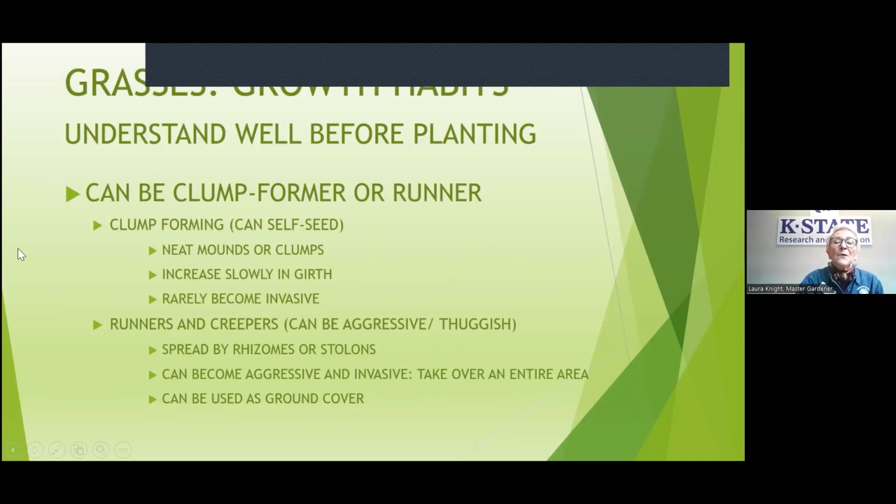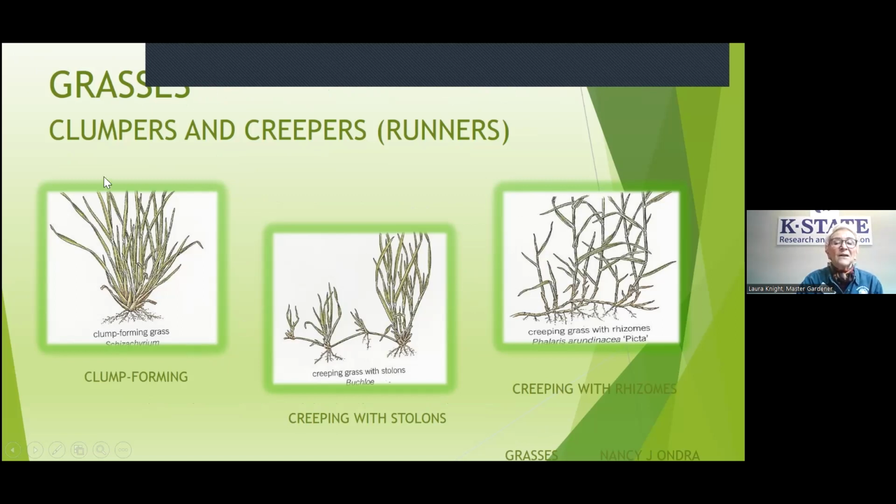Cool season grasses, here's a list. And you want to know whether one of your grasses are clump formers or runners, because runners and creepers are thuggish. And here is a clump former, and stolons are above with the rhizomes below the ground, but they spread all over.